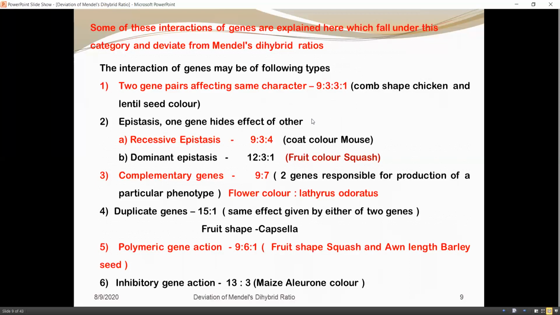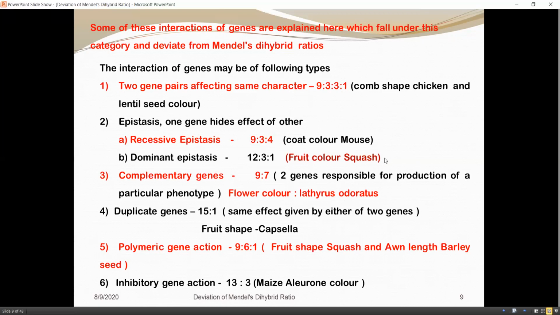In this case, the allele of a gene hides the effect of an allele of the other gene. The epistasis may be of two types. Recessive epistasis, in which a recessive allele may mask the effect of a dominant allele, and the example is coat color in mouse. Ratio is 9:3:4. Dominant epistasis, 12:3:1.